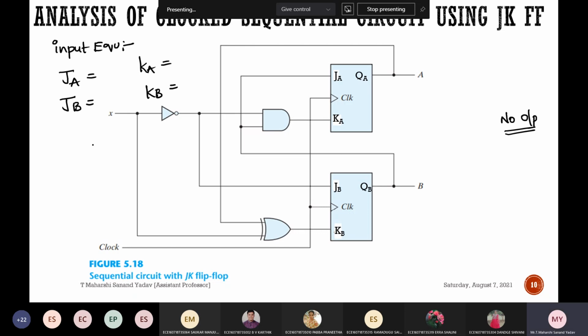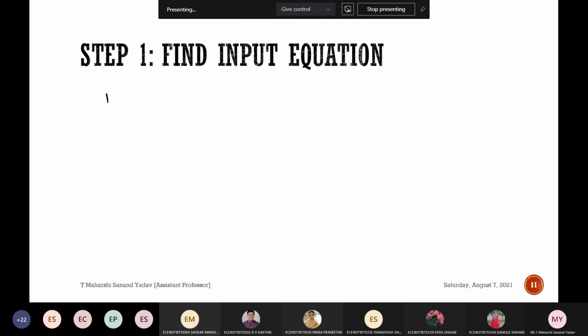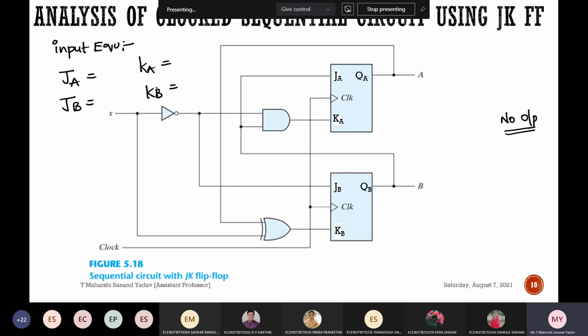Tell me the input equation for JA. Please draw this diagram.